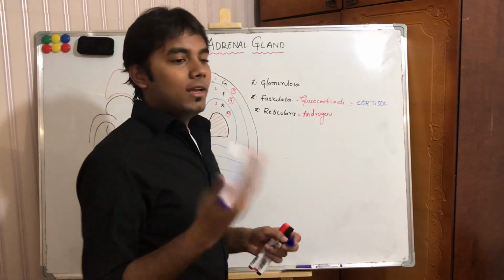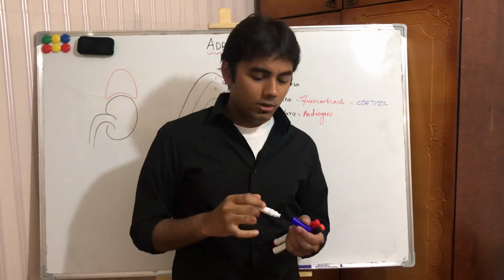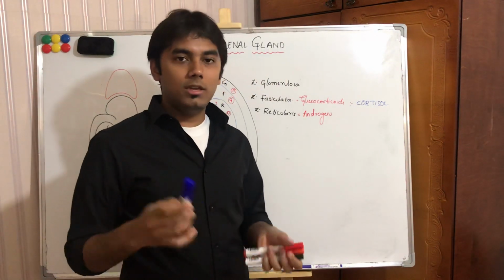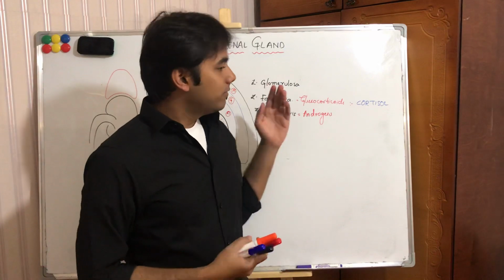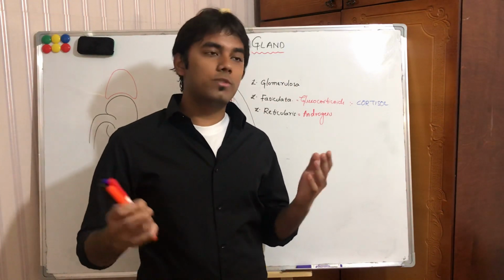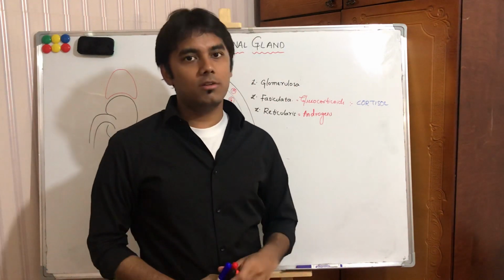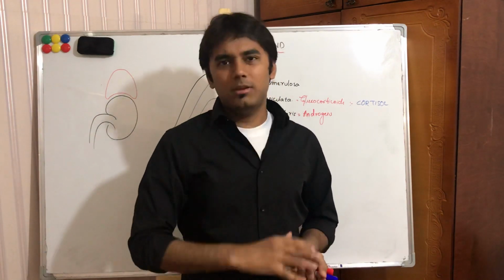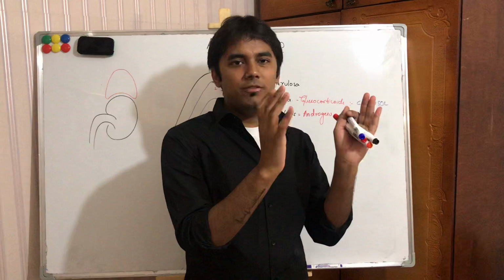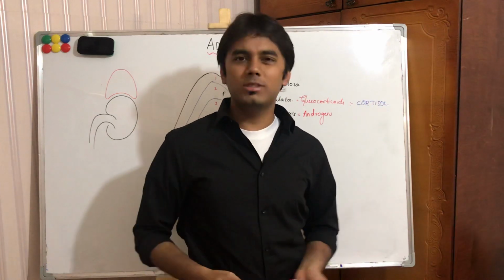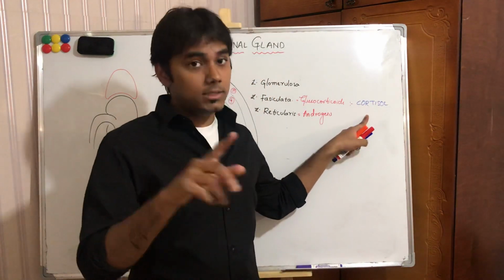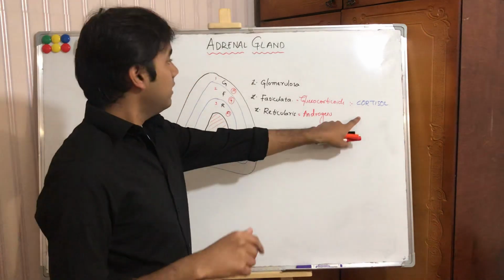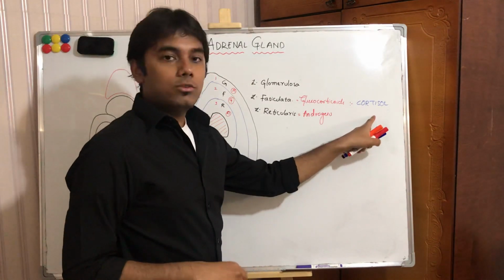Because in USMLE Step 1 or PLAB Step 1 or any exams, in the endocrinology topic, most of the questions are asked based upon the cortisol levels. Based upon the cortisol, the patient has high BP, a very moon-like face, obesity. All of these are the effects of cortisol. We'll discuss one by one. But for a while, the glucocorticoid example is cortisol.